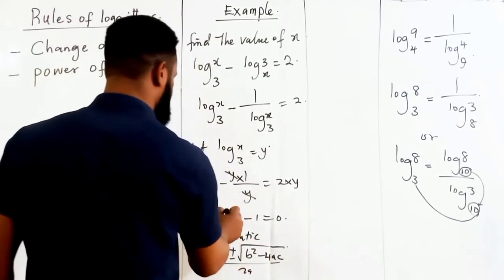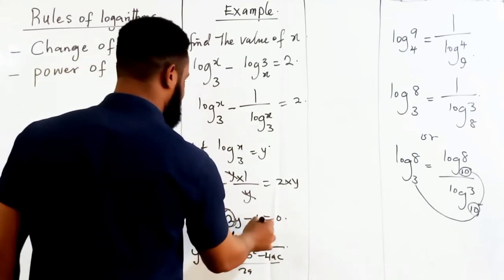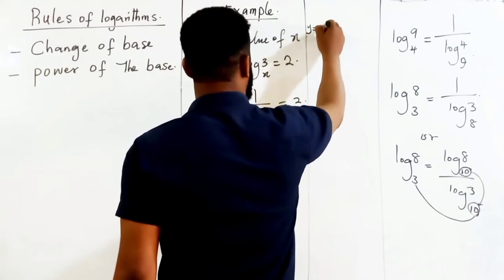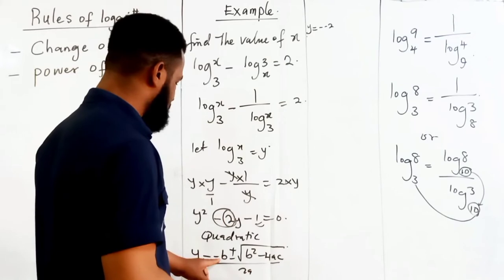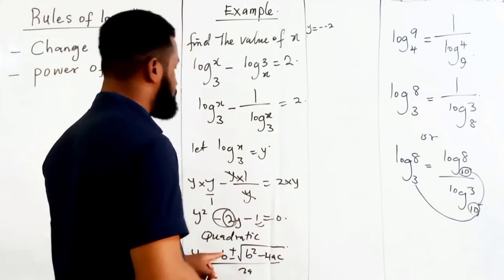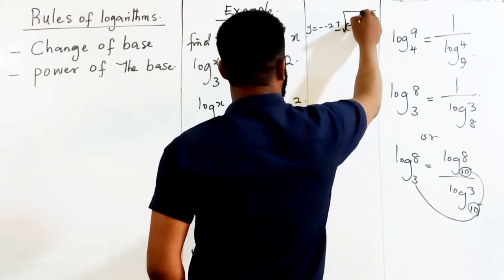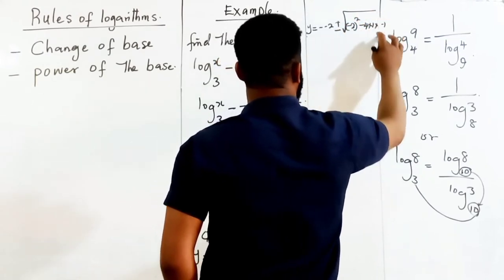So b is minus 2, this is my c, and my a is 1. So I'm going to have y is equal to minus minus 2, because b is minus 2, so minus b, plus or minus the square root of minus 2 squared minus 4 times 1 times minus 1.